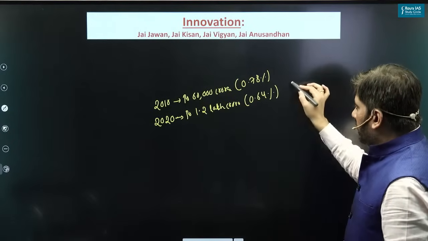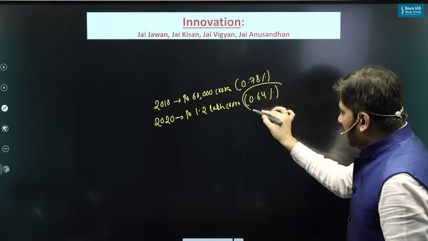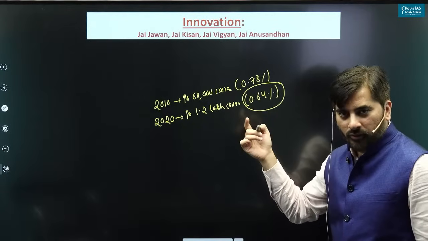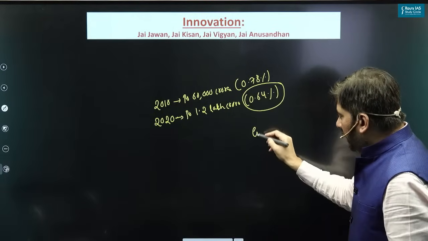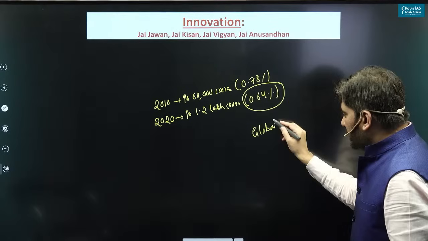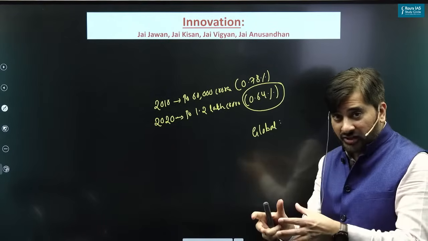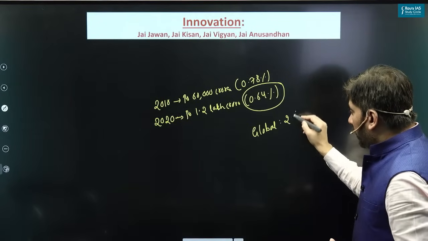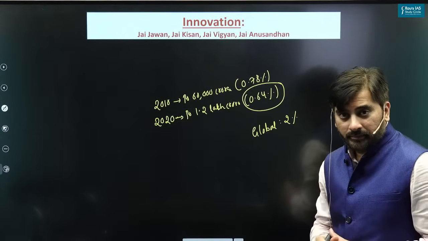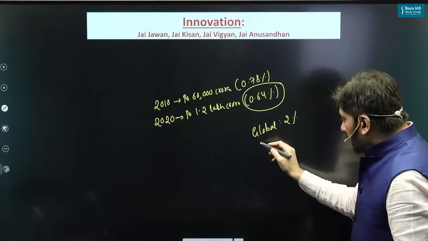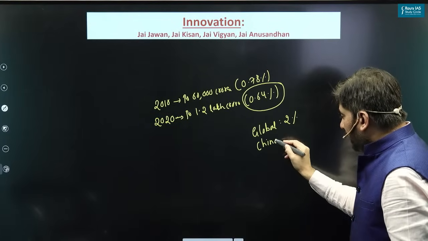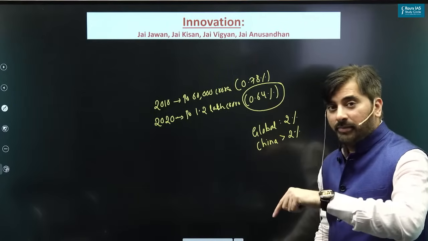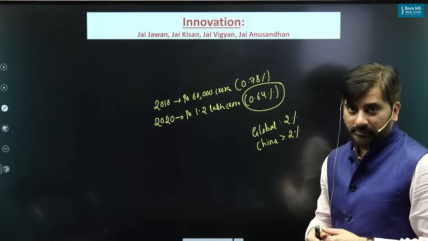Plus, if you see India's expenditure on research and development, it is too low, 0.64. If you look at the global benchmark, that is a global average, which is spent on research and development, that is somewhere around 2% of GDP. In fact, if you look at China, China is spending more than 2% of its GDP on research and development.